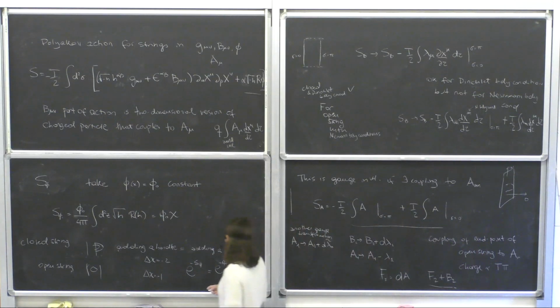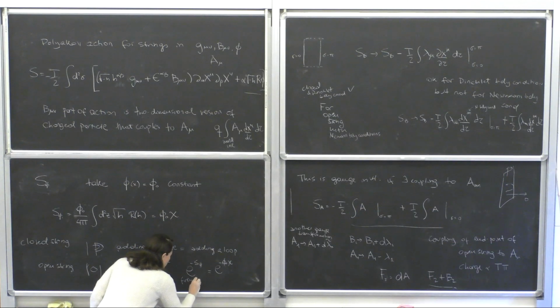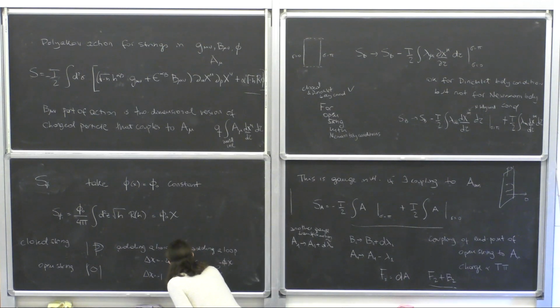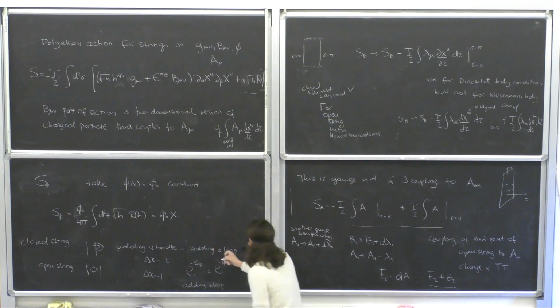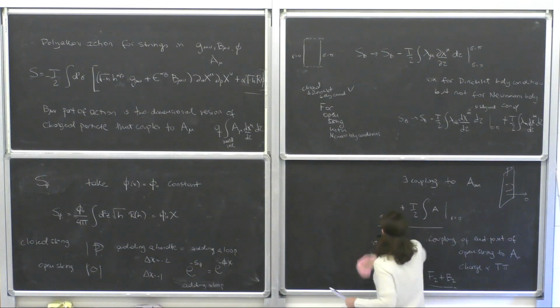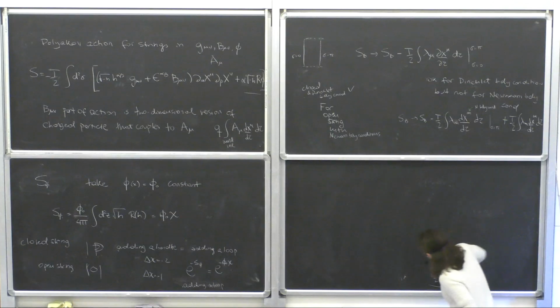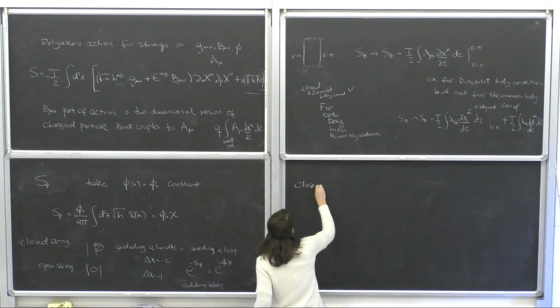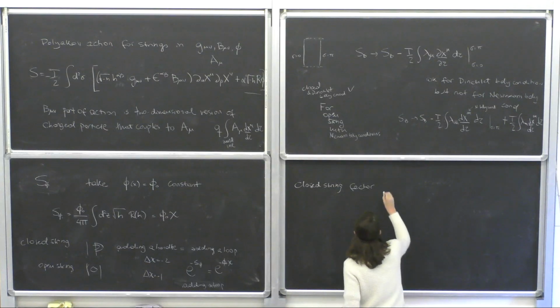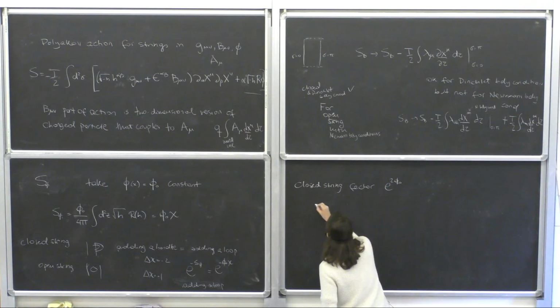So when I do this path integral, adding a loop, for the closed string I get an extra factor of e to the 2 phi 0, and for the open string I get a factor of e to the phi 0.